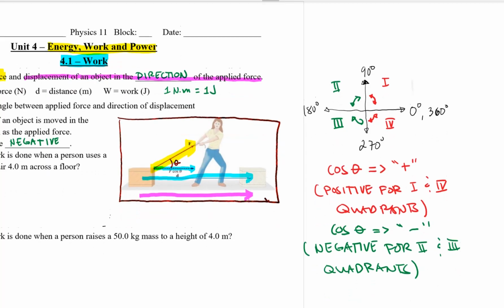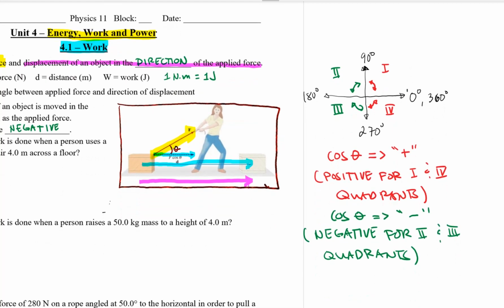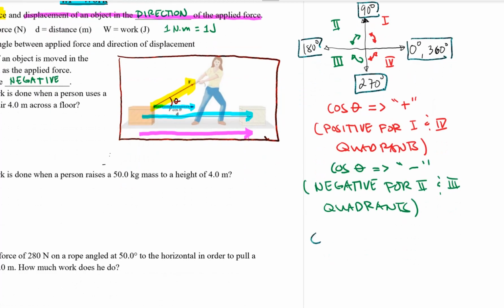While if we focus on the quadrantal angles, if you can remember, cosine 0 degrees gives you positive 1, while cosine of 180 degrees is negative 1.